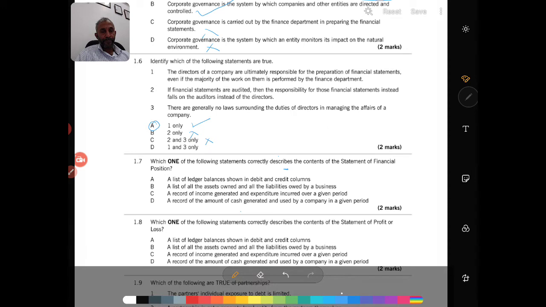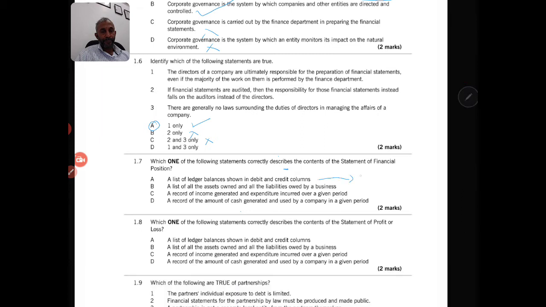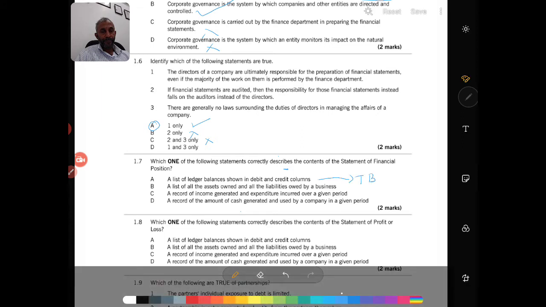That is 1.6. And 1.7: which one of the following statements correctly describes the contents of a statement of financial position? A, a list of ledger balances shown in debit and credit columns? No, they are referring to the trial balance. B, a list of all the assets owned and all the liabilities owed by a business. Let's hold for a moment and see whether any other appropriate answers are there.